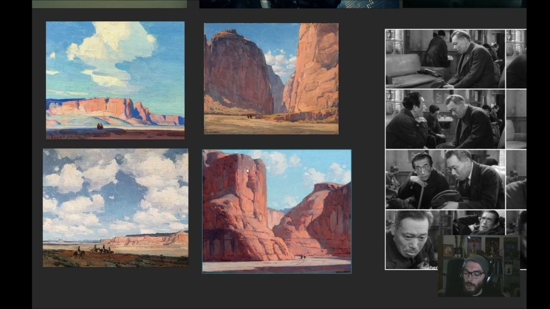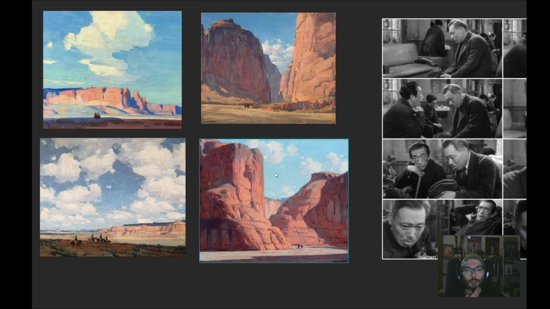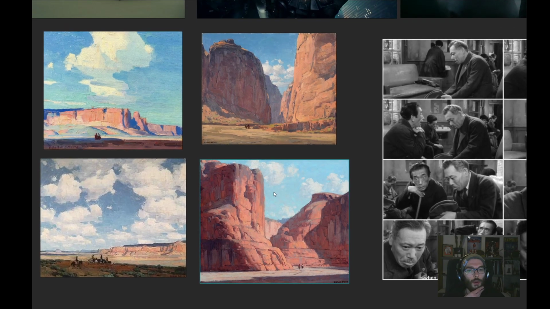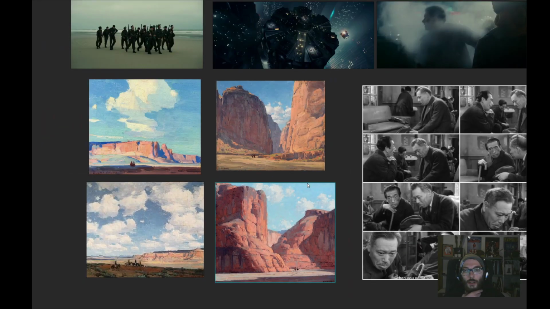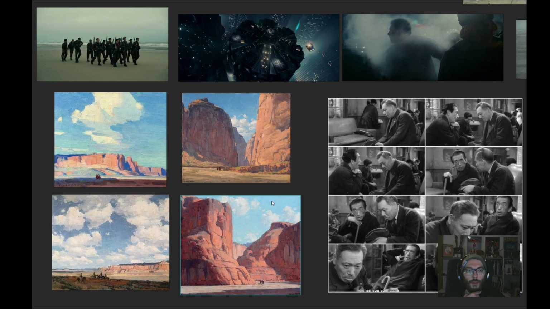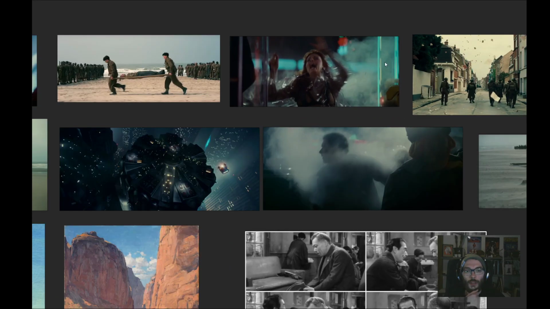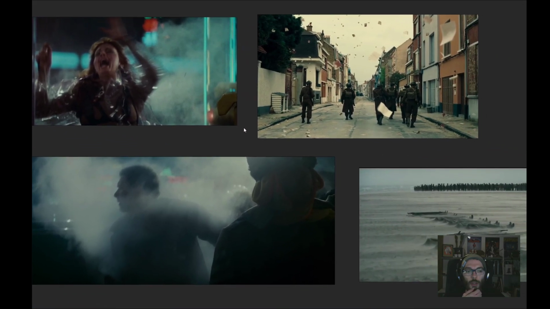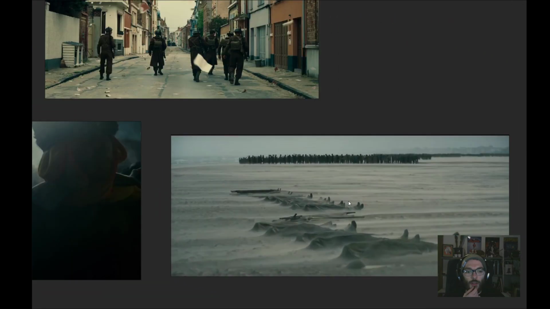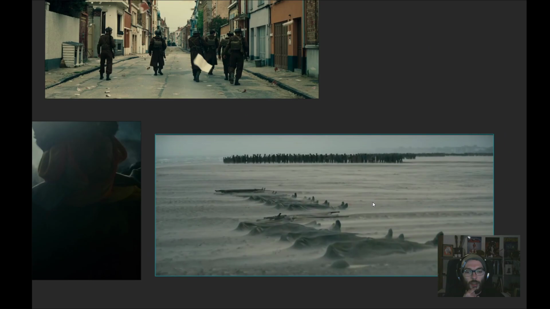I have been doing studies of Edgar Payne's work before, and I think that my skills in painting overall benefited from those studies. You can see in all those artworks here, even this one, when there is not much movement, you can feel the wind.